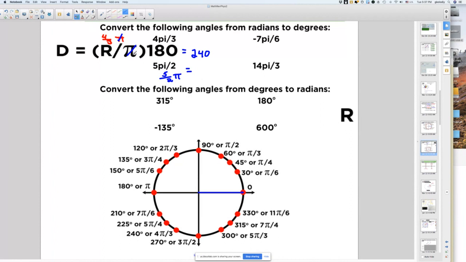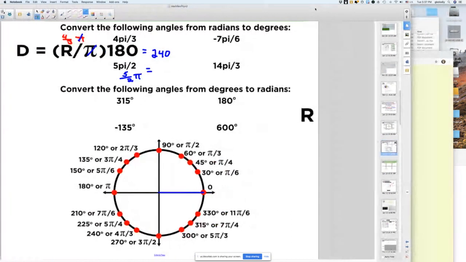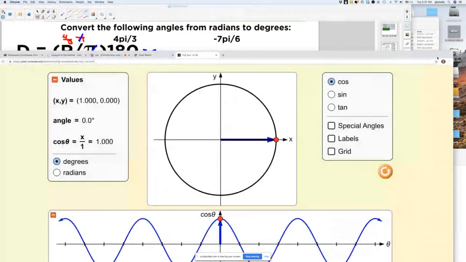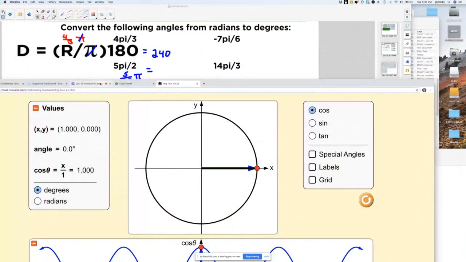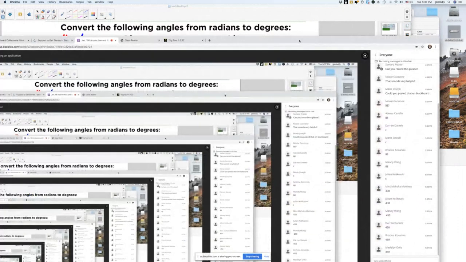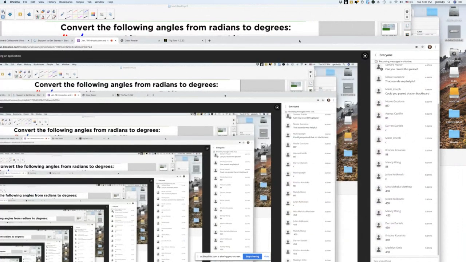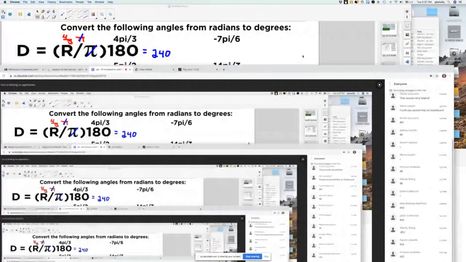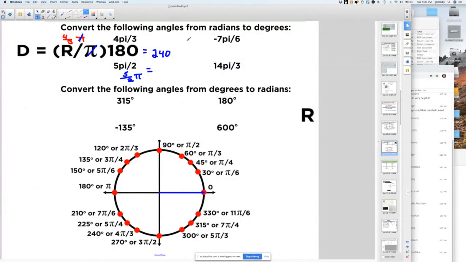So 5/2 pi divided by pi times 180 gives you, so you guys are doing here. So the pi's cancel, it'll be 5/2 times 180.